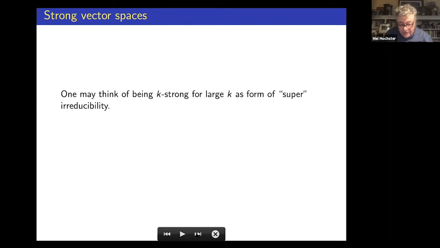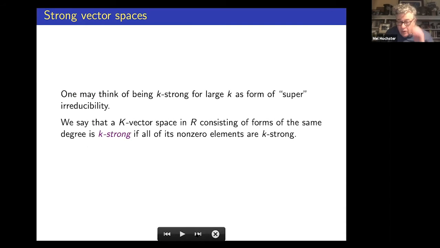Irreducibility gone wild. Okay. Now, the notion of strength becomes even more useful when you apply it to all the elements in a vector space of forms of the same degree. So we say that a vector space of forms is K strong if the non-zero elements are K strong.